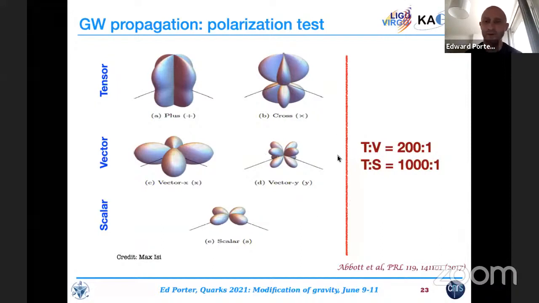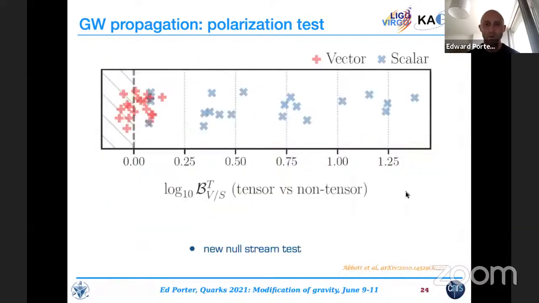What we found at the end of the first catalog was that the data prefers tensor to vector by a factor of 200 to 1 and tensor to scalar by a factor of 1,000 to 1. This time around, instead of using templates, we have a new null stream test. Rather than using any gravitational wave templates, we're just using the data coming from the detectors.